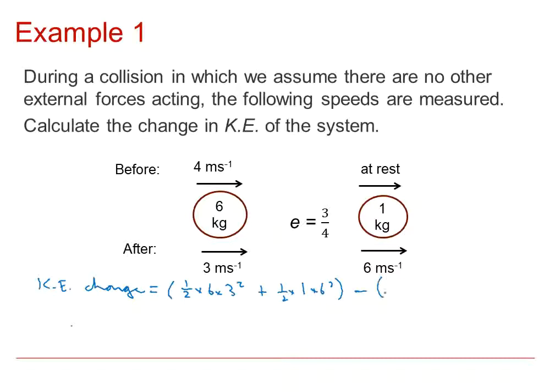Take off the initial kinetic energy, so we've got half 6 kilograms moving at 4 meters per second, so that's 4 squared, and the other one was at rest, so that's 0. So that gives us a change in kinetic energy of minus 3 joules.